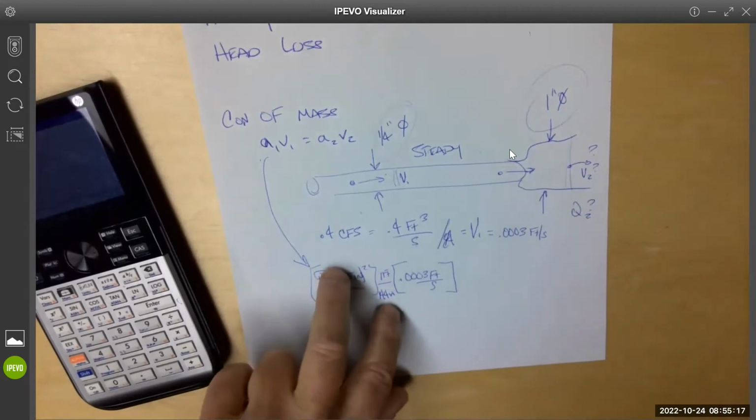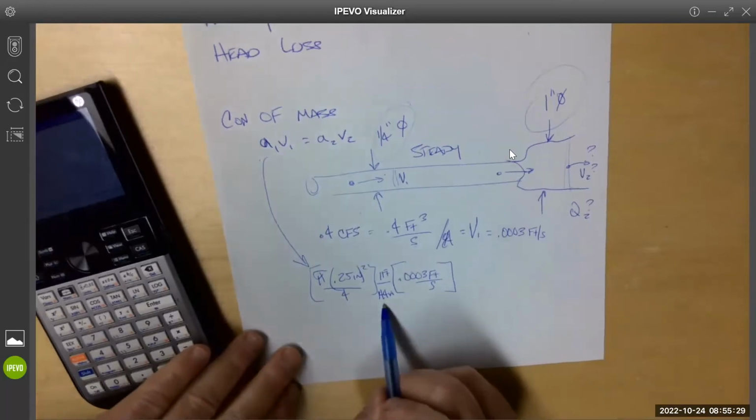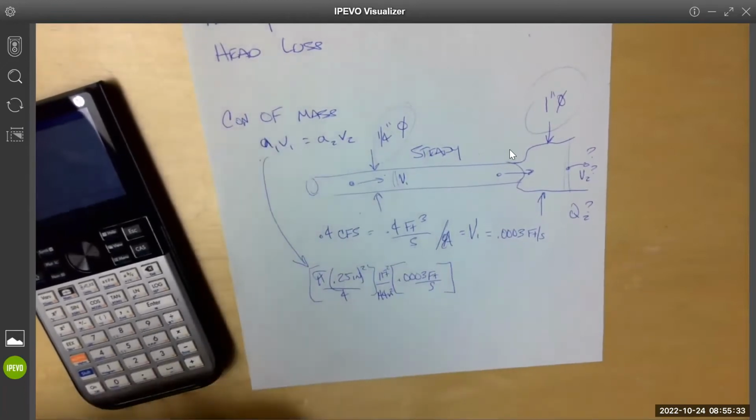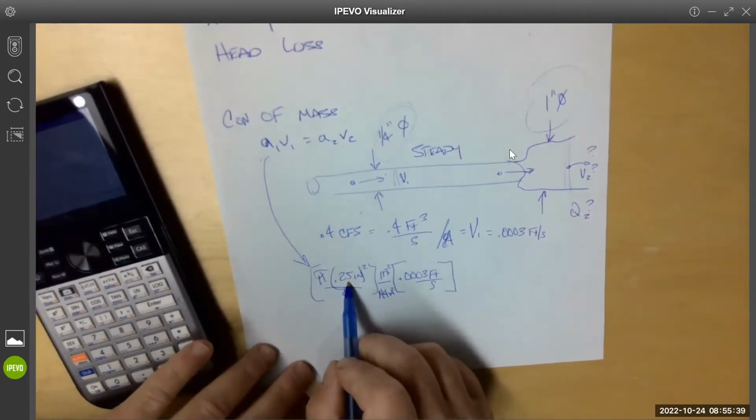Right, because I got to convert that. Over 144 inches squared. Right, that's just my conversion to get rid of the inches.